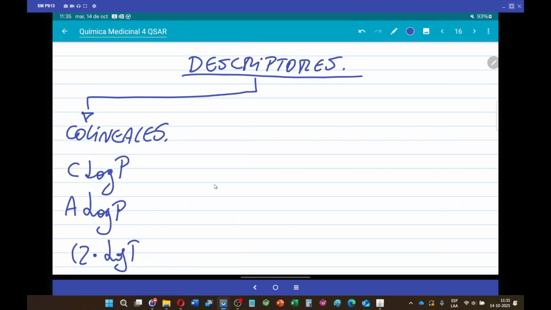We have to avoid all those descriptors that are correlated with each other. On the other hand, we also have to avoid irrelevant descriptors. And here I mean all those that there is no way to correlate with some mechanism of action, that is, without a mechanistic correlation.